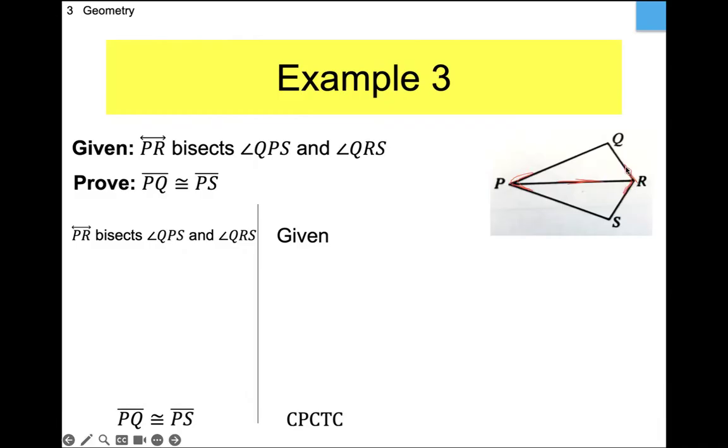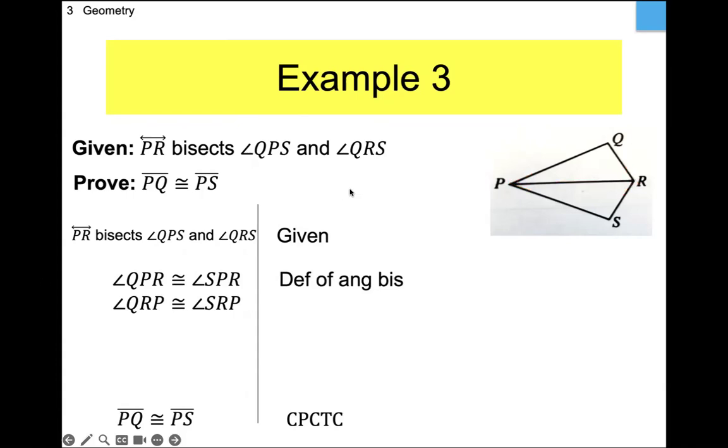So if that's the case, it bisects both angles. The consequence is it makes two congruent angles. So for QPS, I get QPR and SPR. And then for QRS, I get QRP and SRP. That makes sense, right?